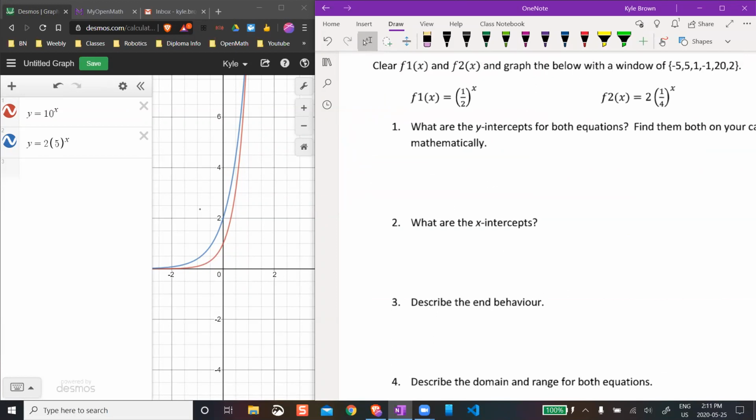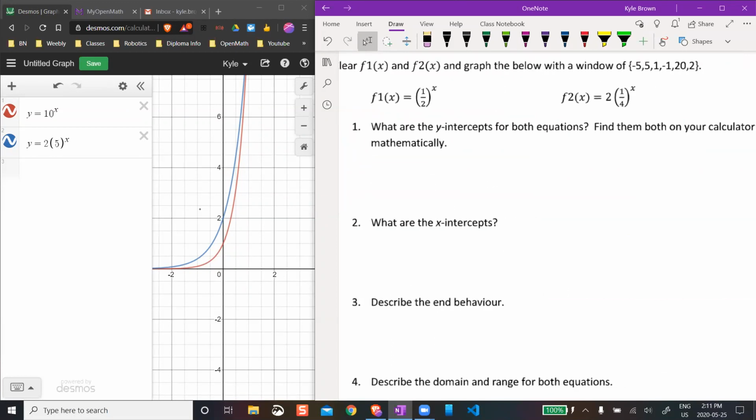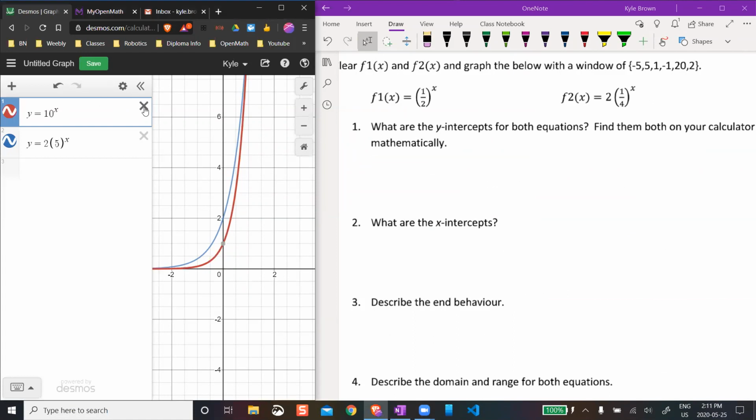Okay, so now let's look at the next scenario. This one says, what are the y-intercepts for both? So we'll do it graphically again. I'm going to type this one into my calculator too. So here I'll delete both of those. We've got, in brackets, 1/2 to the power of x.